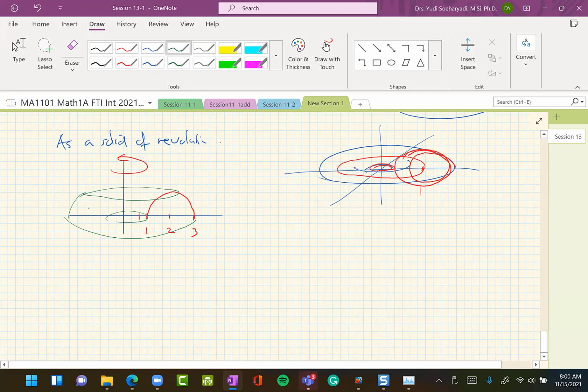All right. So you translate x 2 to the right and keep the y. So this is radius 1. So that's the equation.